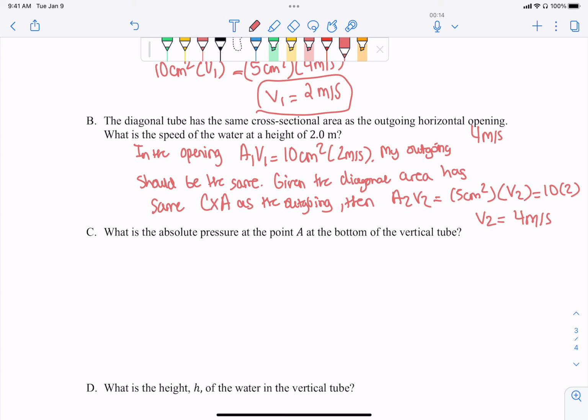I also know now that the diagonal area is 5 centimeters squared, the same as the outgoing from part A. So regardless of the height, as long as the cross-sectional area is the same, according to the constant flow or continuity equation, my speed would have to be the same, that 4 meters per second, in order to maintain the same flow. Make sense for part B?